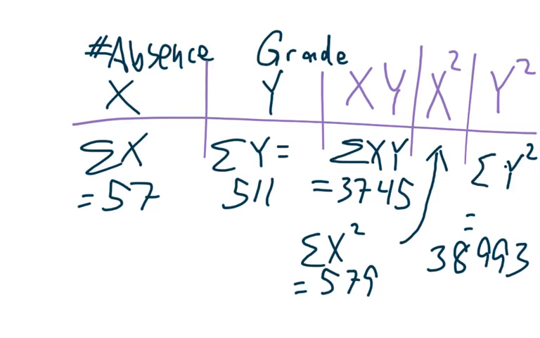I'm just going to go back to my scratch work from this problem and write down what the sums of each one of these are. So here we've got the sums for all of them. The sum of all of the X values is 57. The sum of the Y values, and so on and so forth, are all given there.